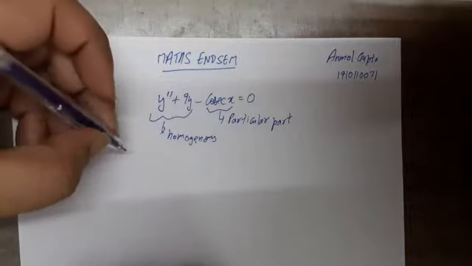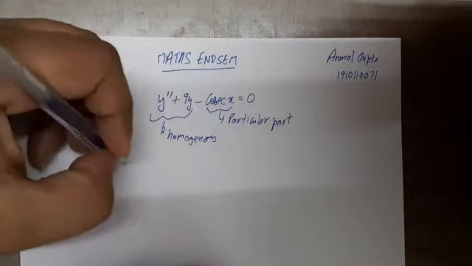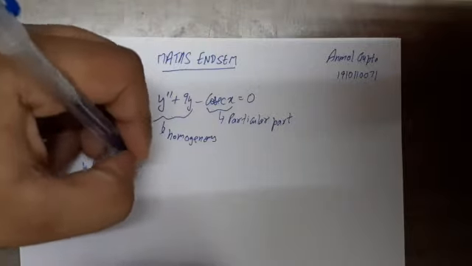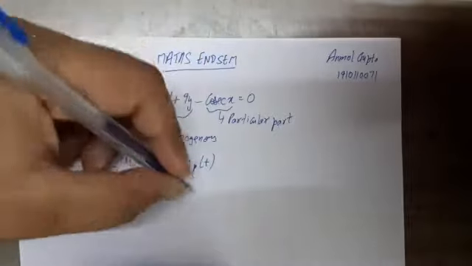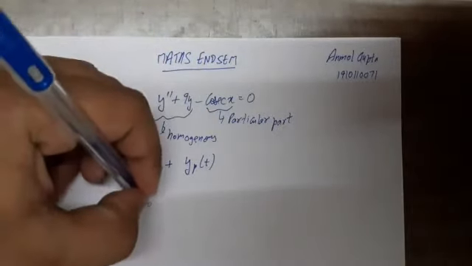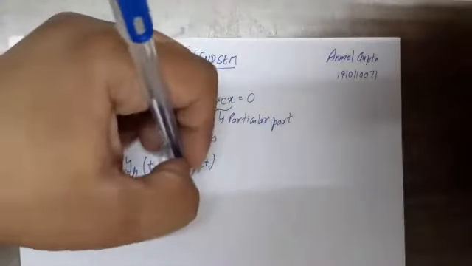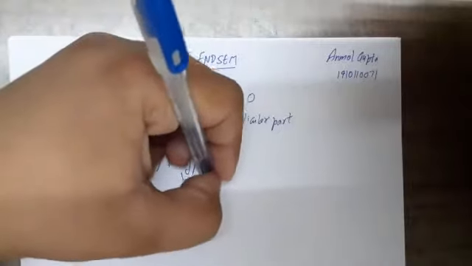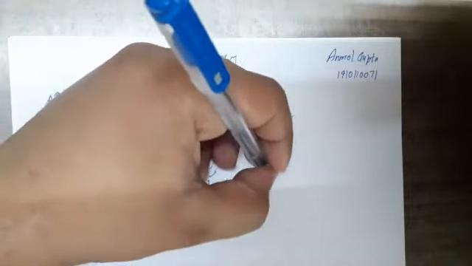So a non-homogeneous equation is represented by yh(t) plus yp(t), where yh denotes the homogeneous or the general solution part and yp is the particular solution part.